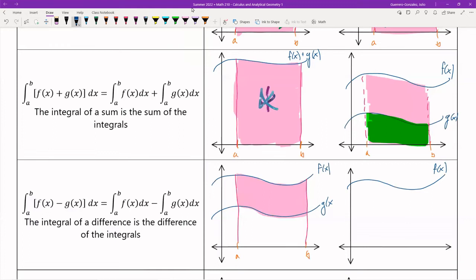That's f of x, this is g of x. We still want the area from a to b. That's equivalent to finding the area of f of x, this big one right here, all the way down to the bottom, and then taking away the area from below it.